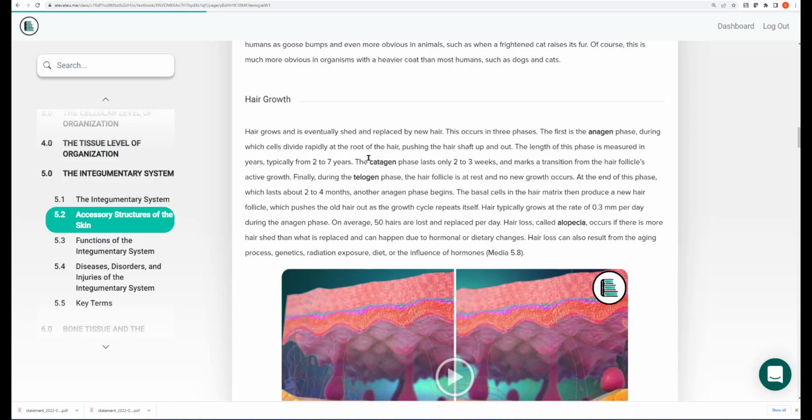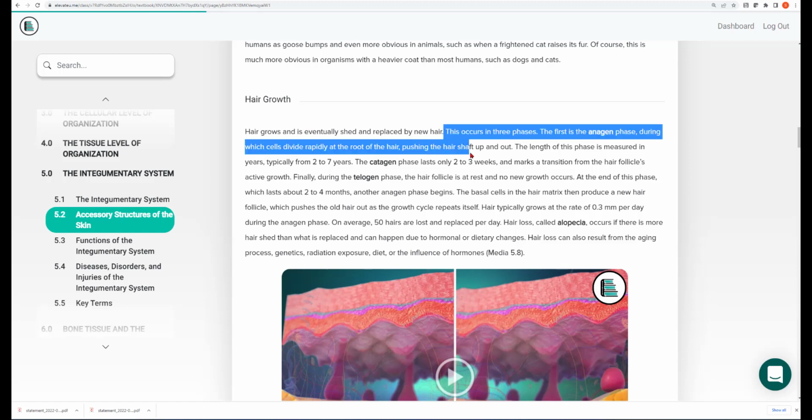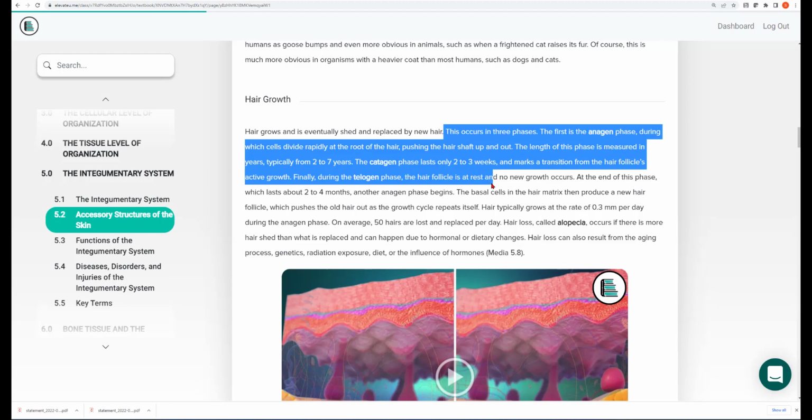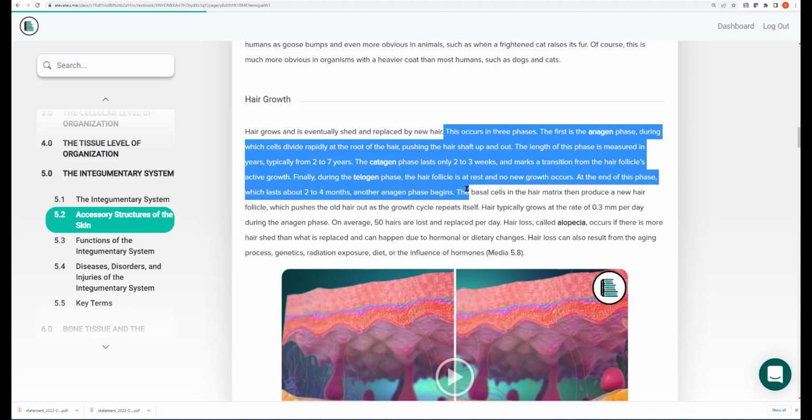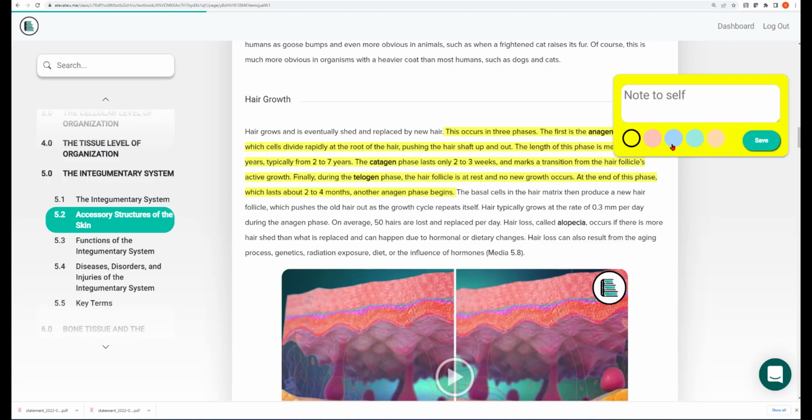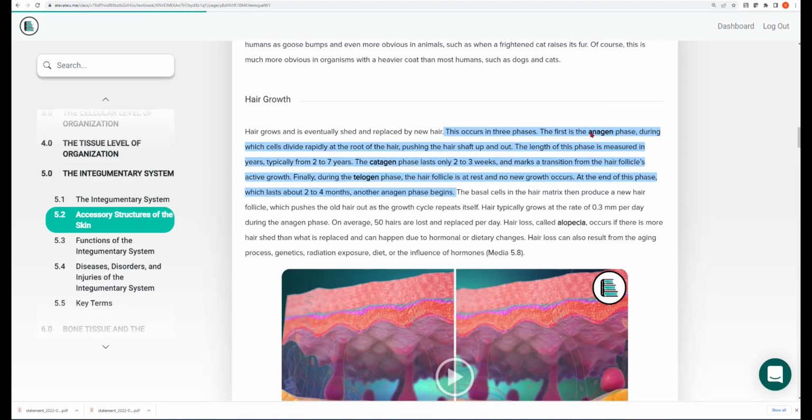Hair growth. I am not going to worry about the 3 phases of hair growth. So I'm going to put a blue area through here. Don't worry about those stages.